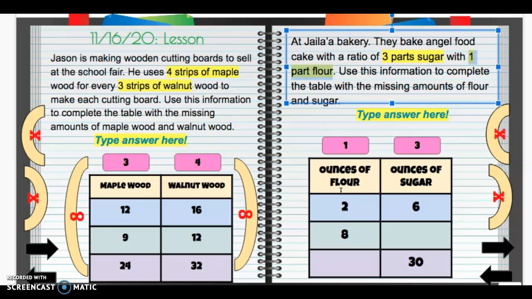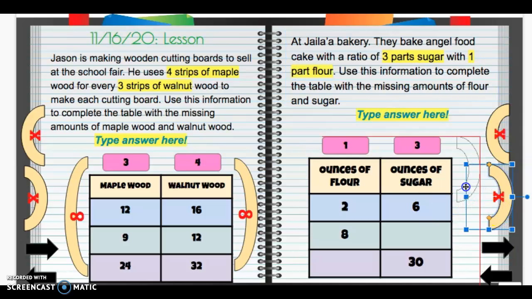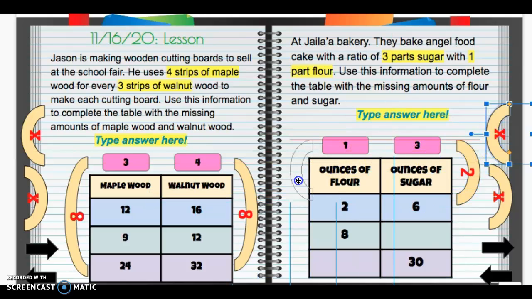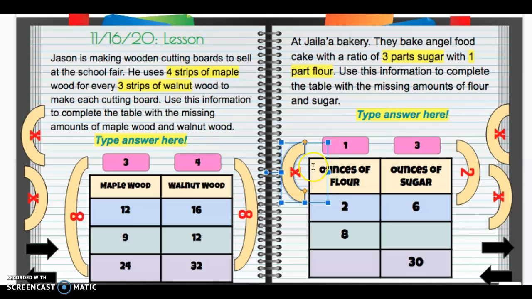So now you have to figure out the pattern here. 3 times what gives you 6? Okay, so 3 times 2 gives me 6. And to make sure it works, 1 times 2 gives you 2. So let's go down.